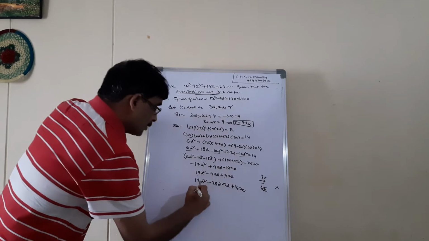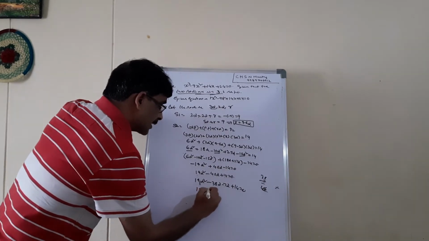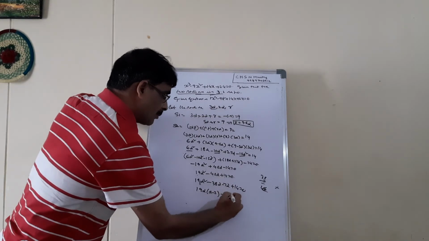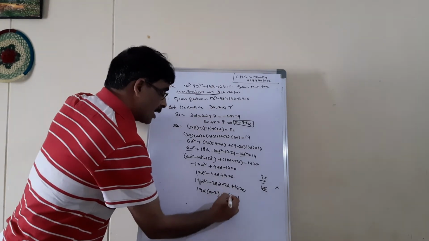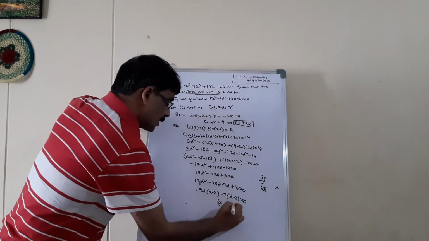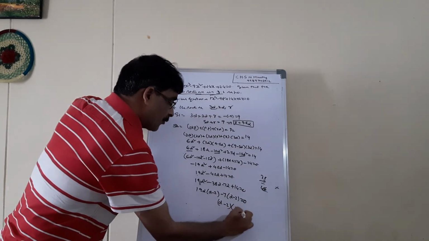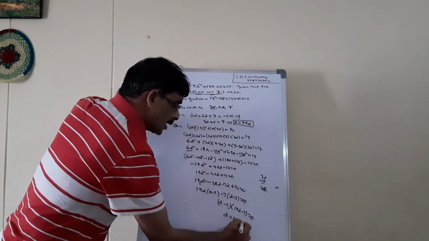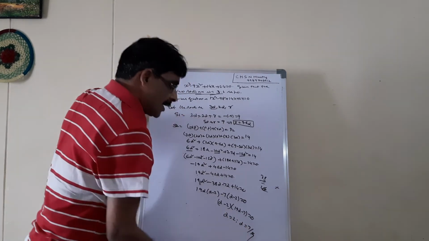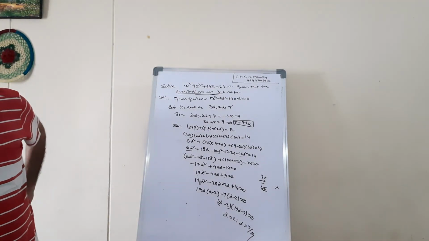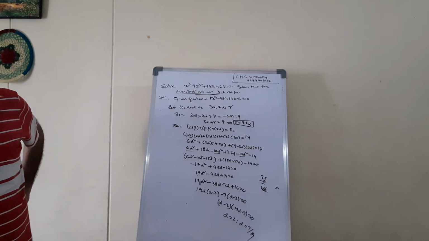Everything is okay. Now take 19 alpha common: 19 alpha, alpha minus 2, and take 7 common: minus 7 alpha plus 14 equal to 0. Again, alpha minus 2 into 19 alpha minus 7 equal to 0. Alpha equal to 2, alpha equal to 7 by 19. We have two values.